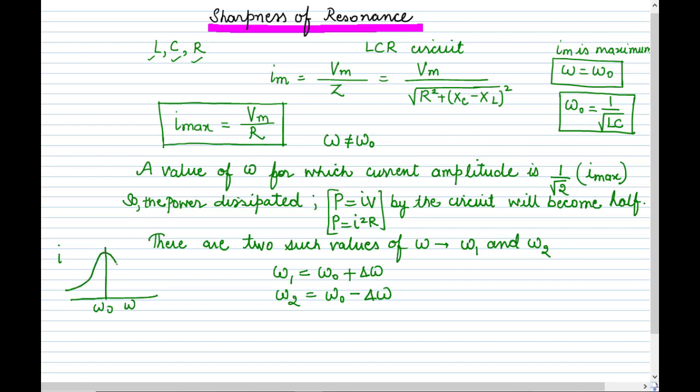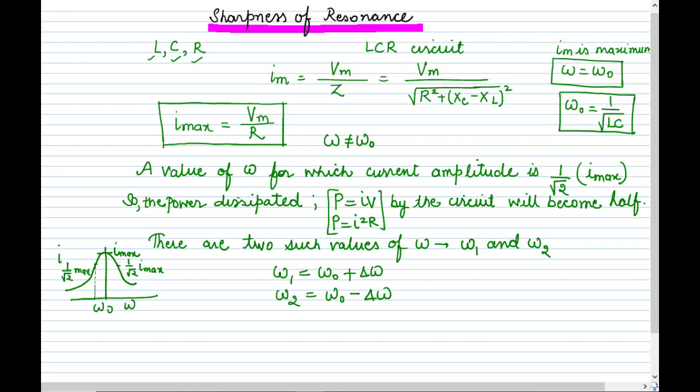So this is I maximum. If you take 1 upon under root 2 of the maximum, say at this point it is 1 upon under root 2 of the maximum current. Similarly at this point also it is 1 upon under root 2 of the maximum current. So these are the 2 points.